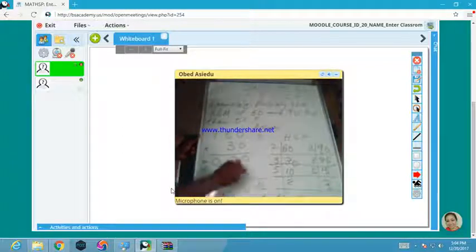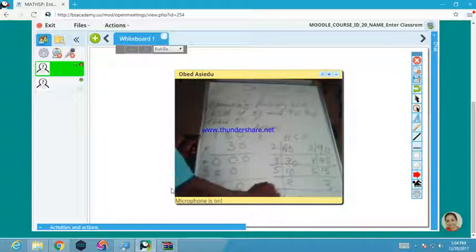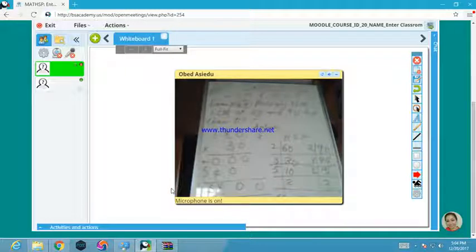Add, you have 0, 0, 4, 5. That will give us 5,400. So the product of the LCM and HCF of 60 and 90 is 5,400. Let's check it again.